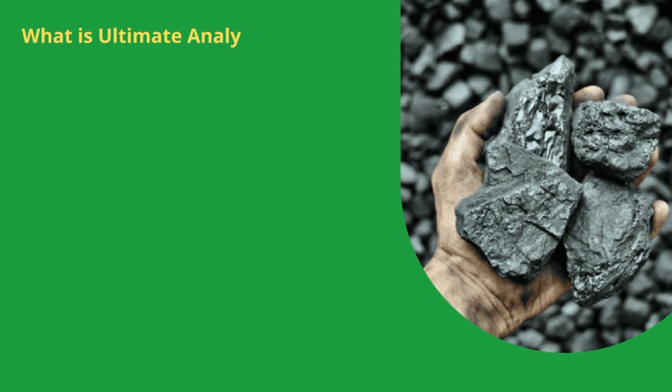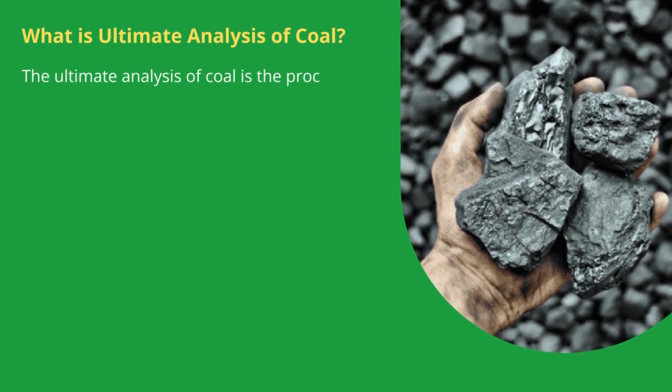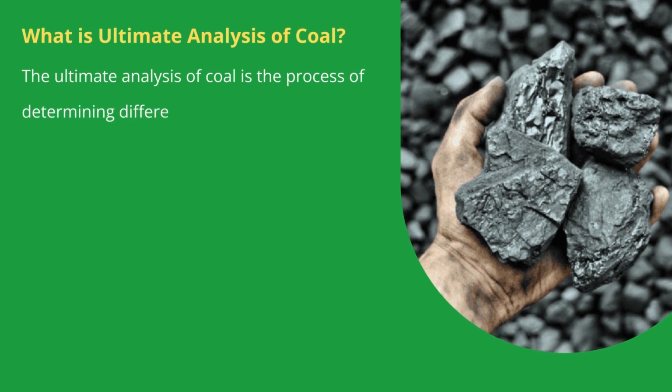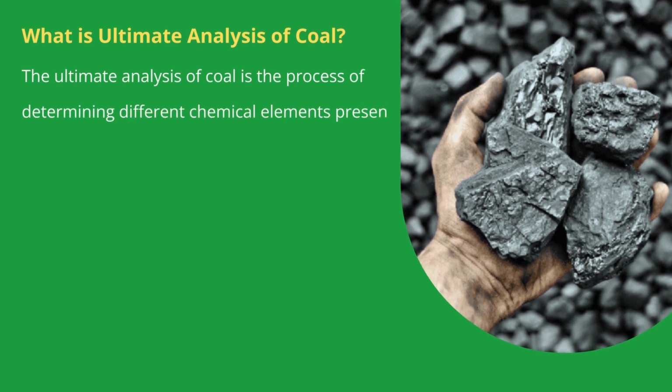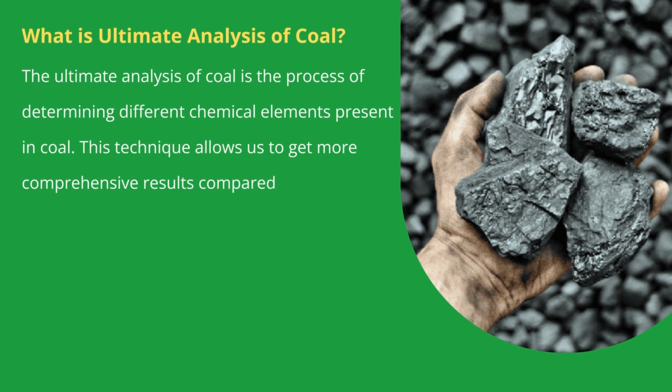Now, you people might have a question in your mind: what is ultimate analysis of coal? The ultimate analysis of coal is the process of determining different chemical elements present in coal. This technique allows us to get more comprehensive results compared to the proximate analysis process.